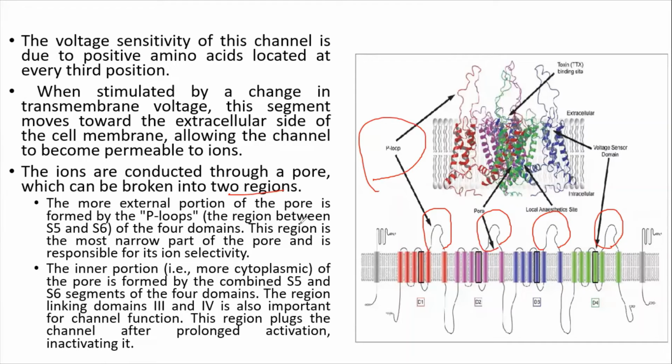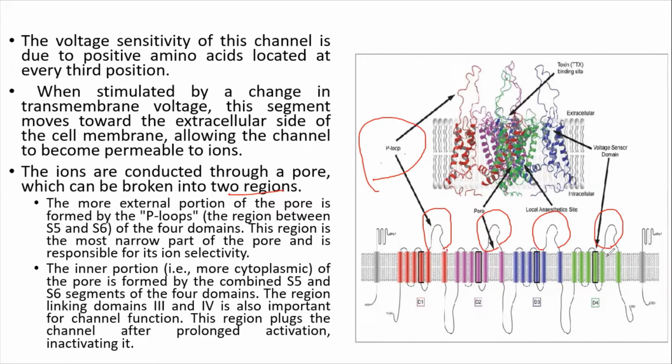Okay, the region between the segment 5 and segment 6 of the 4 domains. This region is most narrow for the pore and is responsible for the ion selectivity. In future exam में अगर आता है, like what is the selectivity filter in the Na plus channel, then you have to talk about the P loop, which is formed by the segment 5 and segment 6 of all the 4 domains of the alpha subunit of your Na plus channel.